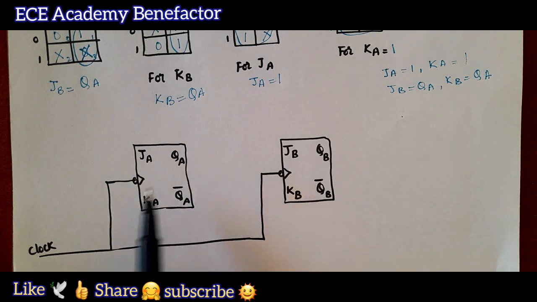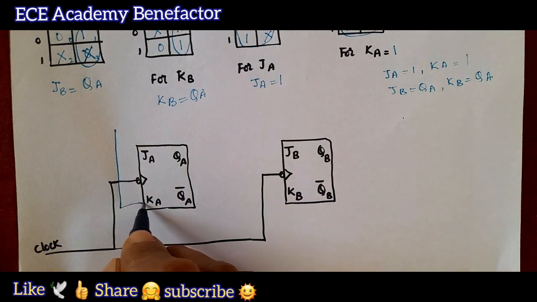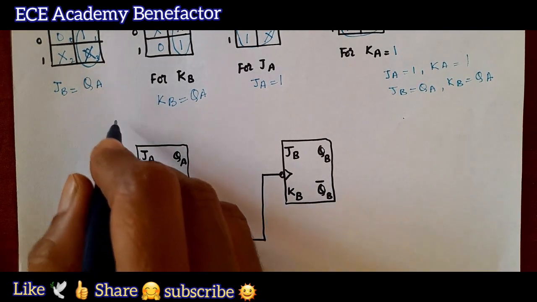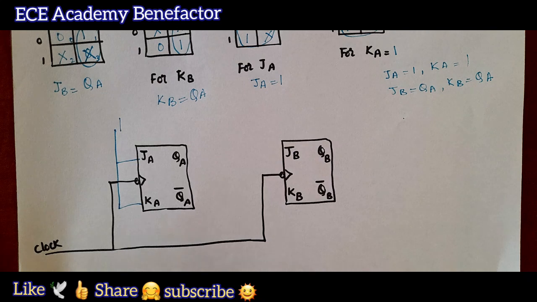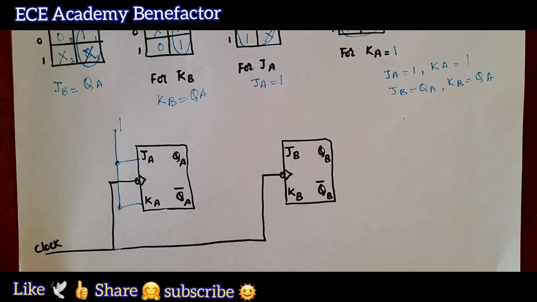A bubble is added to both the flip-flops to tell that it is a negative edge triggered flip-flop. JA and KA are connected to 1. We darken this so that we can tell that both JA and KA are connected to 1 and not connected to this clock.